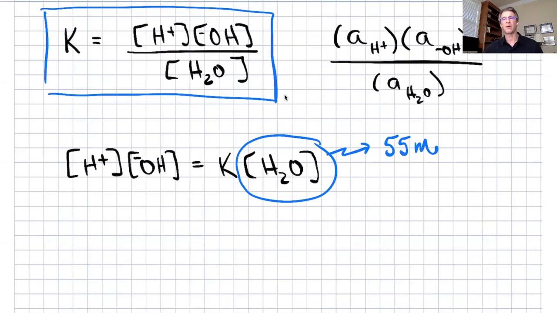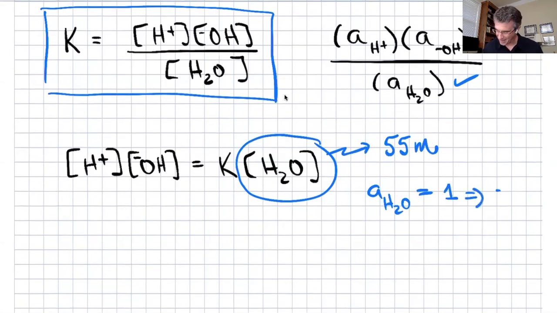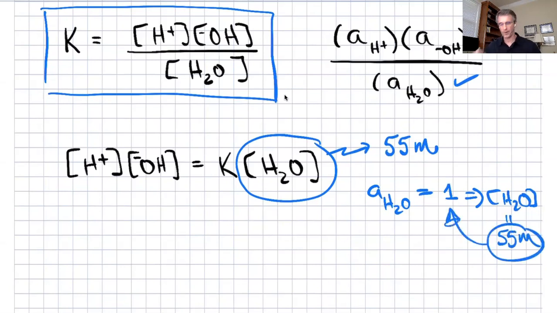Okay, but who wants to work with the number 55 in their expressions, right? This is where remembering, again, that these expressions formally are activities comes in. Because guess what? The activity of water is defined as equaling 1 when the concentration of water equals 55 molar, right? So 55 molar is defined as an activity of 1 for water.